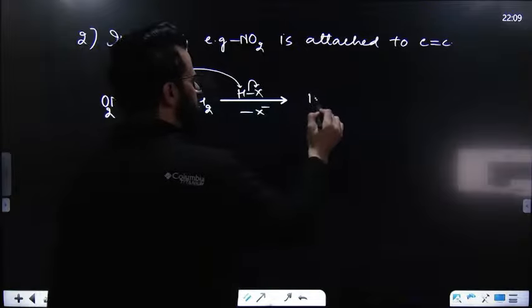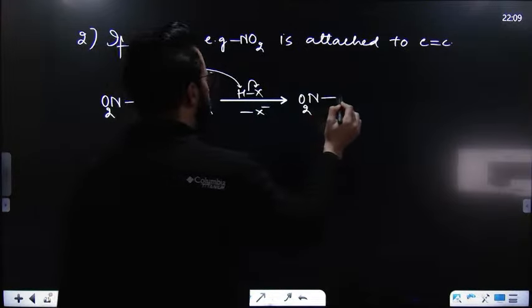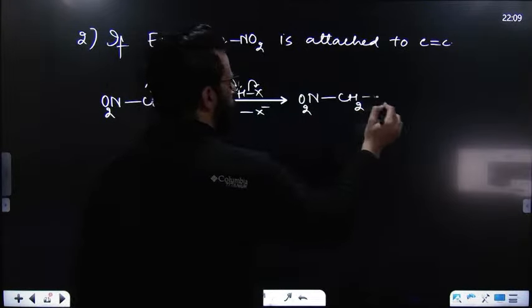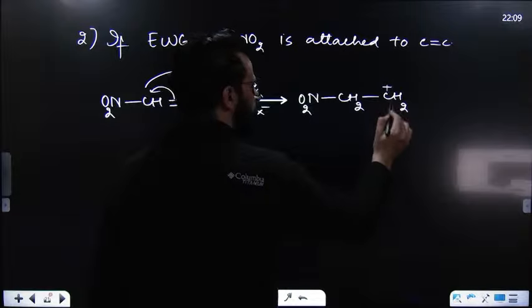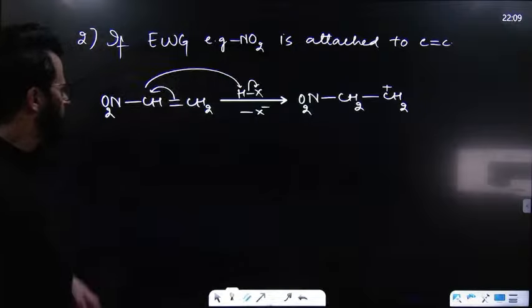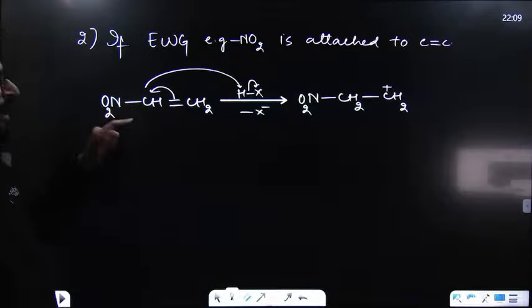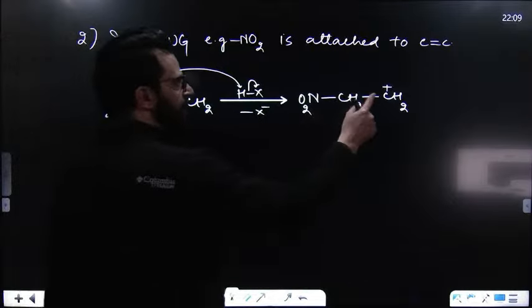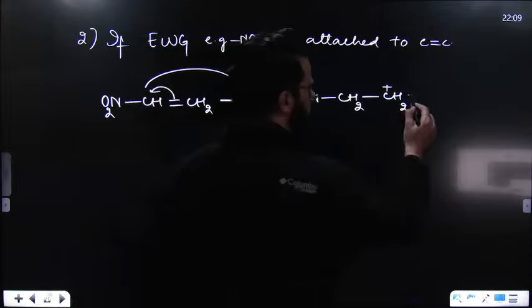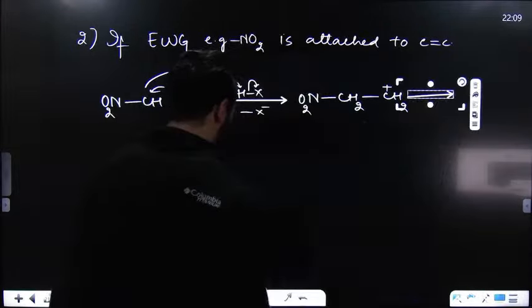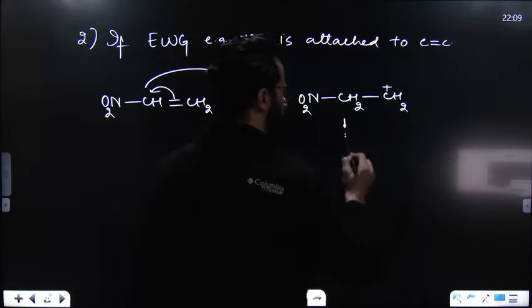Then this is an electron withdrawing group, NO2. This will result in the formation of a carbocation like this. Why? Because this is the more stable carbocation. If we form the carbocation over here, NO2 will destabilize that carbocation because NO2 is directly attached to that carbon. Hence, we will form the more stable carbocation over here. After that, X minus will attack.